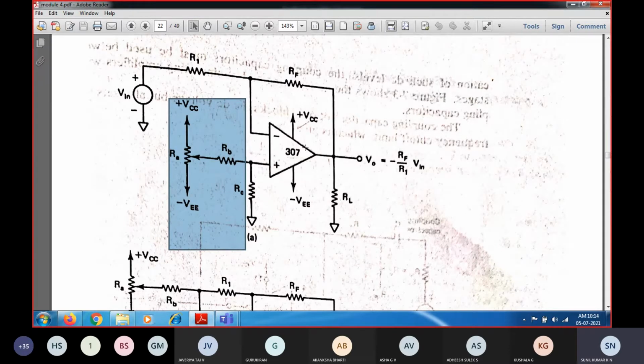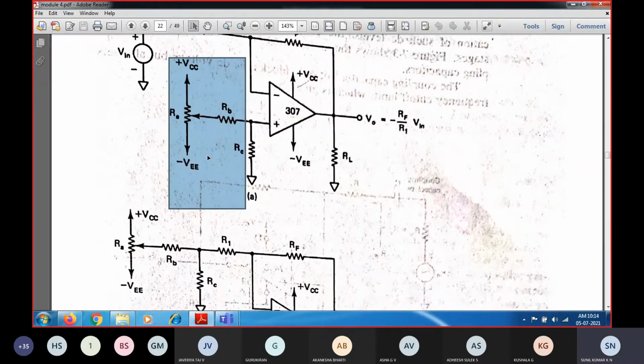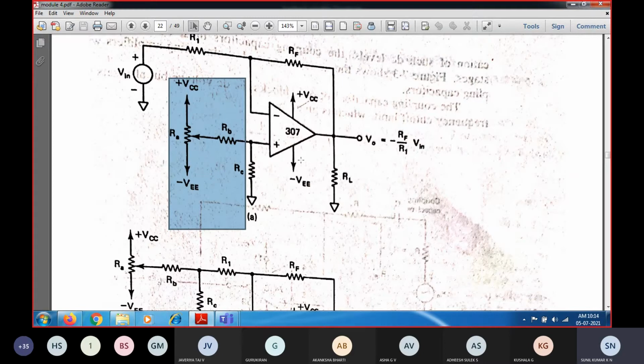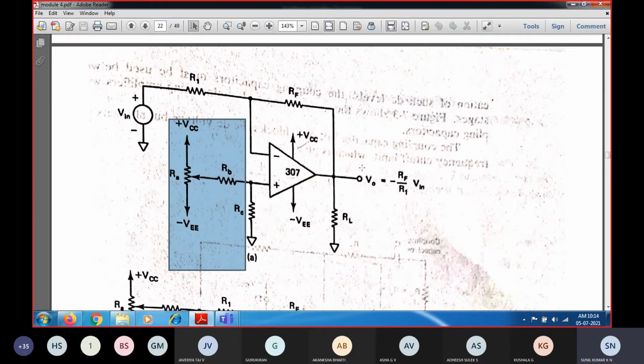So that's for a given circuit. We are going to have this as the voltage compensating method, in which we rectify the offset voltage to 0. This is for certain cases of the operational amplifier where they do not provide offset nulling terminals.